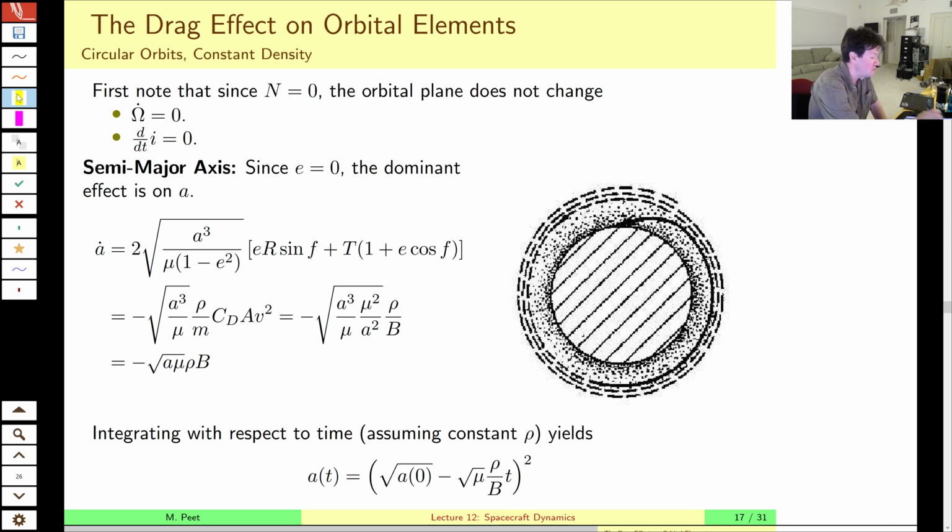So first of all, notice the drag, by definition, unless you're a space plane, has no normal component to it. So it's in the direction of motion. It's not going to change your angular momentum vector.